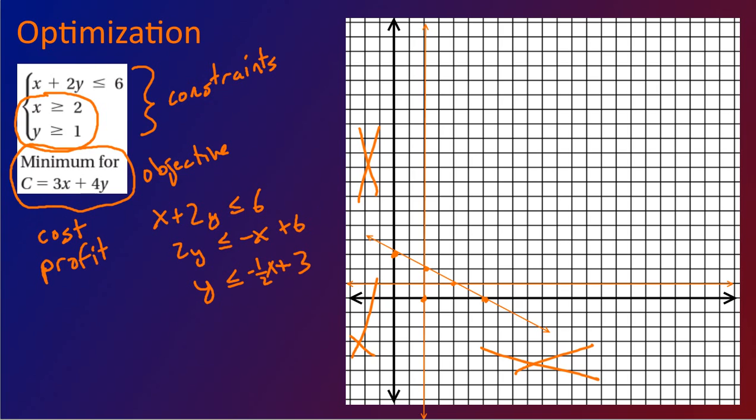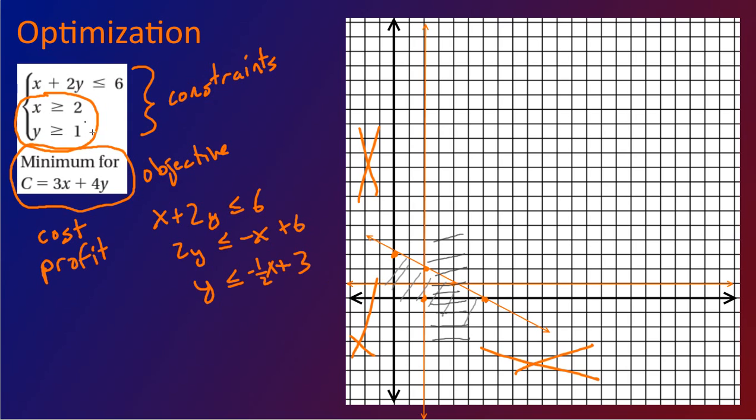Now if I were to shade this, what I would find is that for the first one, and I'll just use a light gray right here, I am shading below this line. Then I'll use a dark gray to the right of x equals 2.